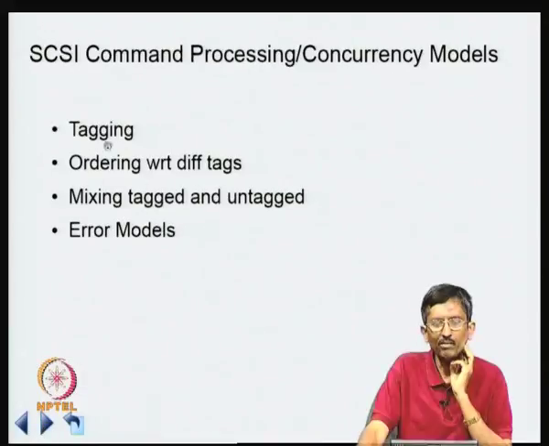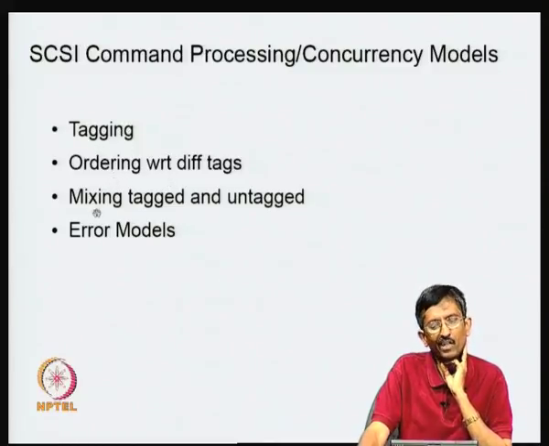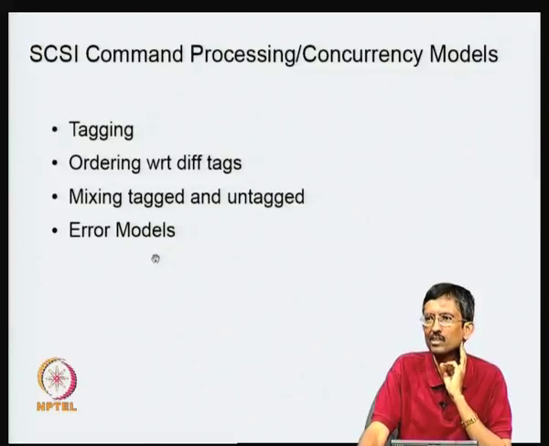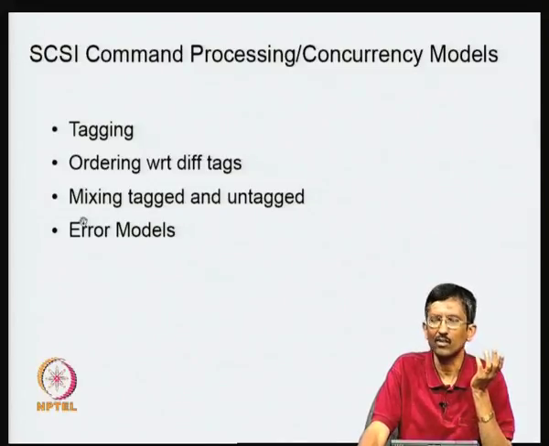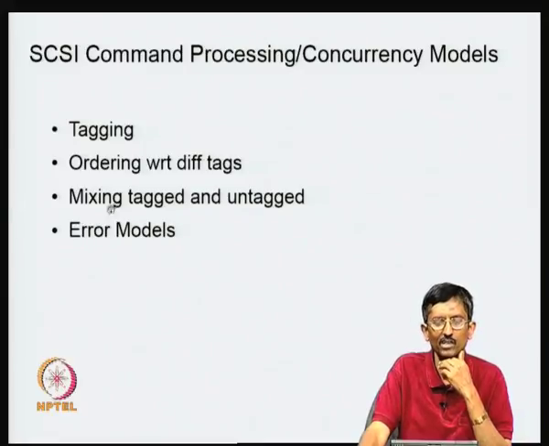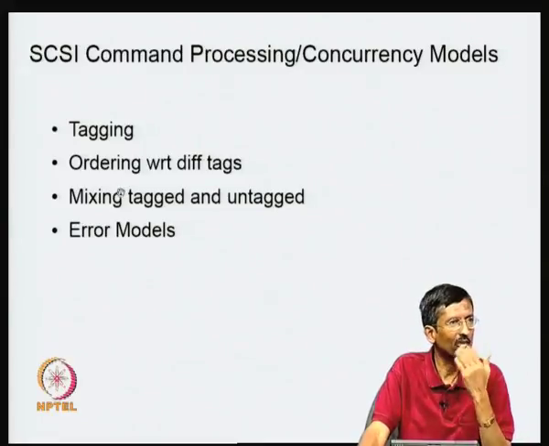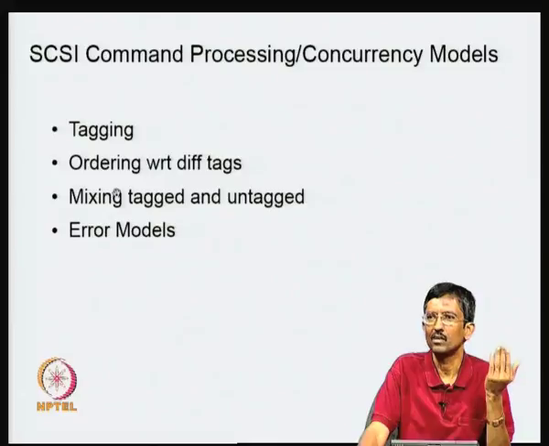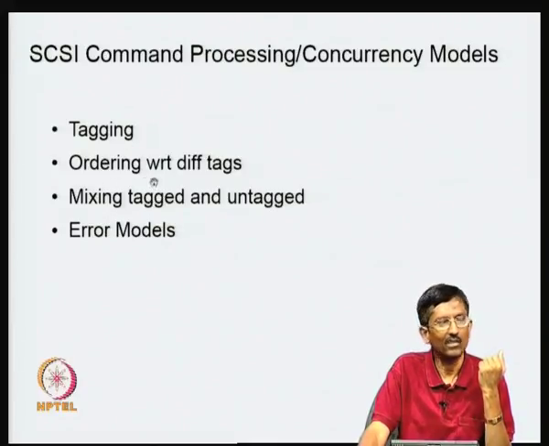Once you have the notion of tagging, you need to start thinking about how you order things, whether you can mix tagged and untagged things, and what the error models are. Some of these issues are similar to what has to be done in a multi-threaded system. What is the ordering between requests if I am accessing memory, and can I have certain consistency models?